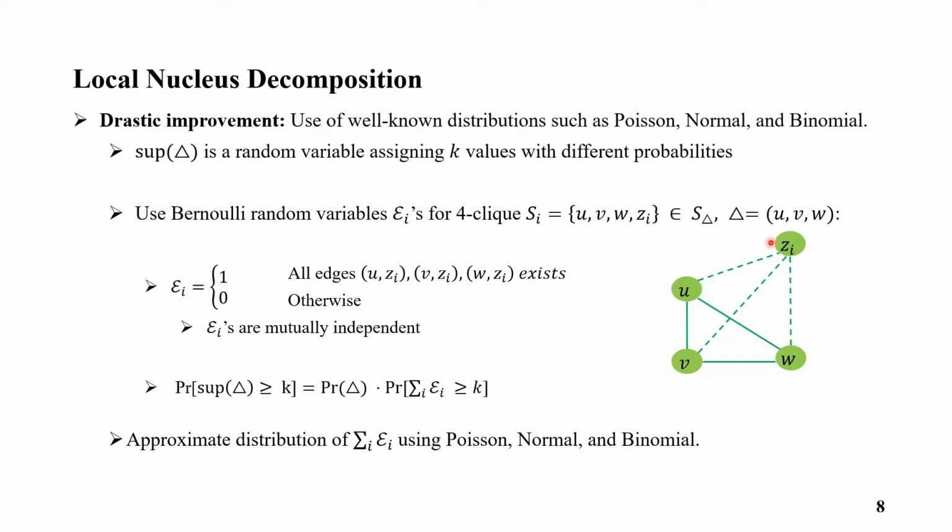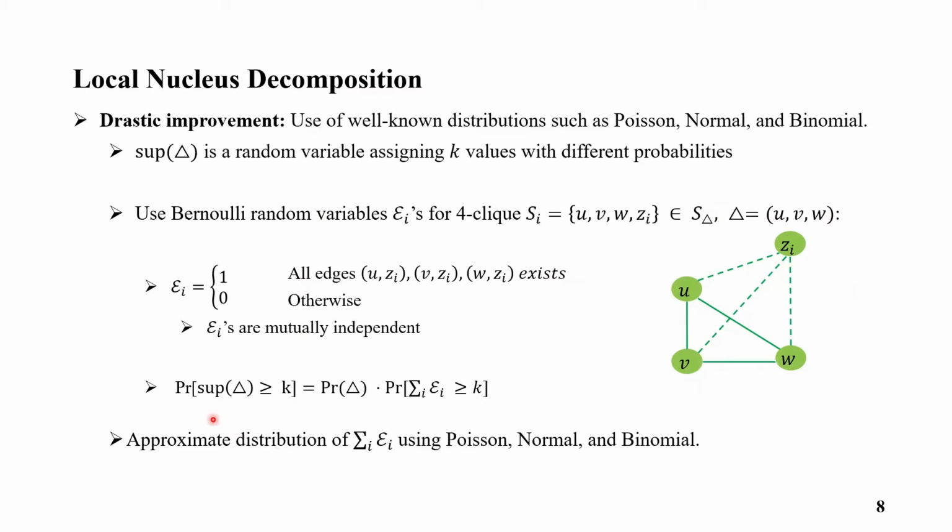So here in this figure, consider a triangle with vertices U, V, W, and this is a clique which contains that triangle. Corresponding to this clique, we define a Bernoulli random variable which takes on 1 if edges from U to Zi, V to Zi, and W to Zi exist.